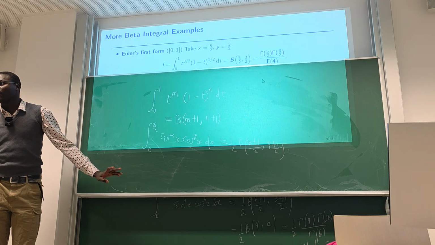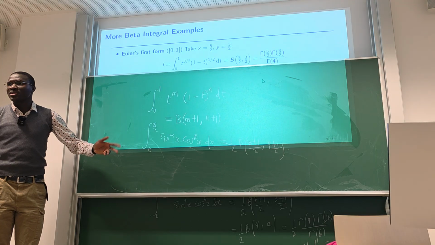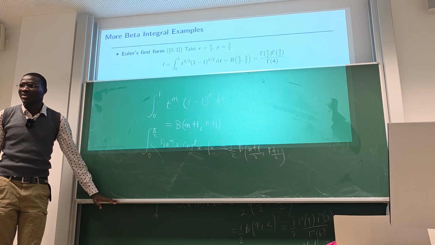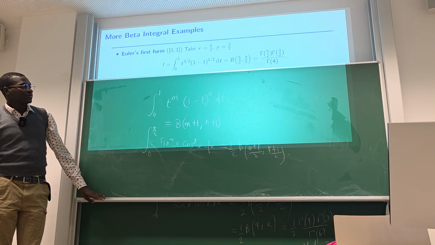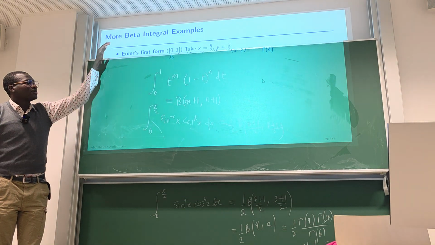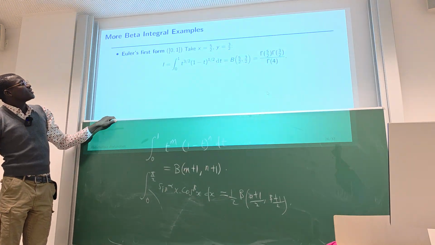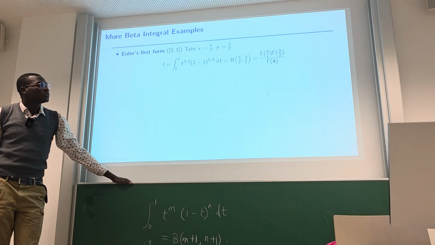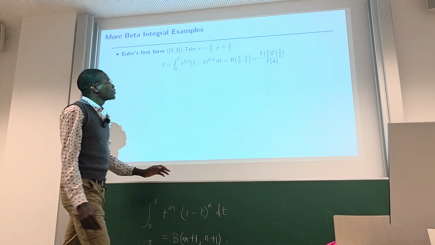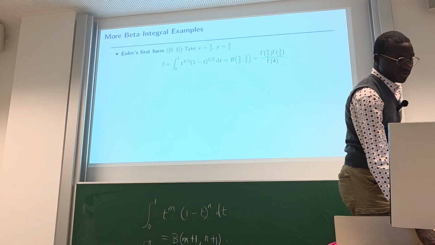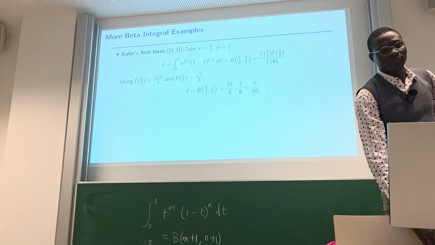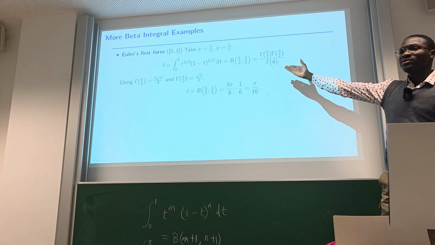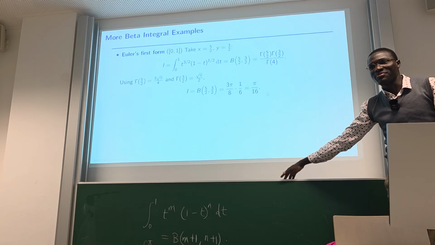You don't need to recollect well, you need to know the usual beta form, but I think life is just very easy this way, okay? You just have this. You don't need to worry about anything else. So here you just have B(3 over 2 plus 1, half plus 1), okay? This is another example. Okay, so to do this you need to know the half values of the beta.